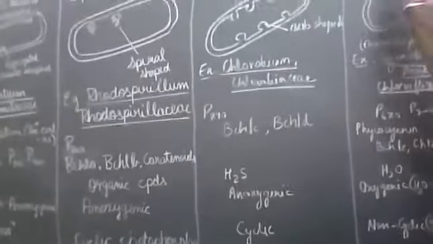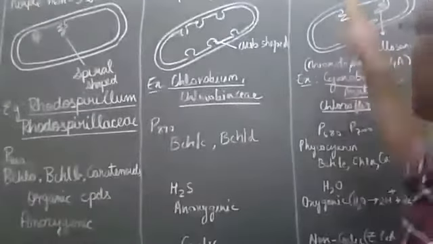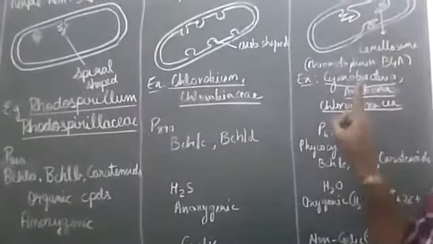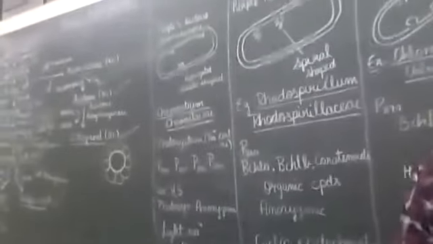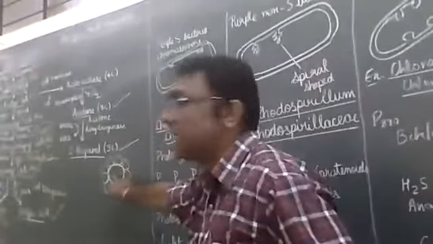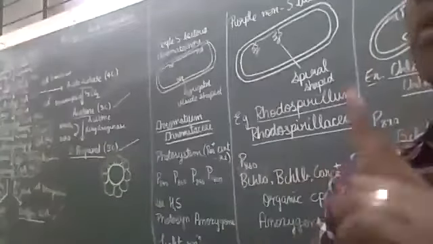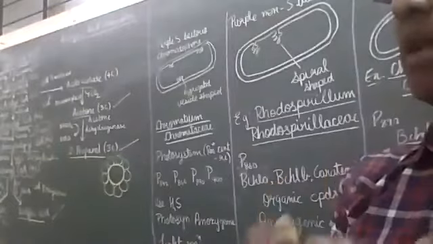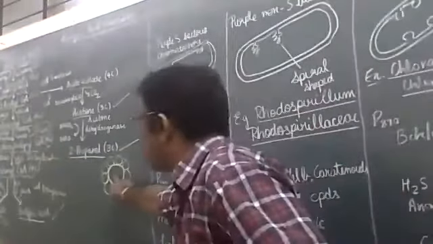NS means non-sulfur. I'm talking about cyanobacteria or Anabaena. They will have chlorophyll in the center. The main pigment, principal pigment, is the word we use. The principal pigment is chlorophyll A.